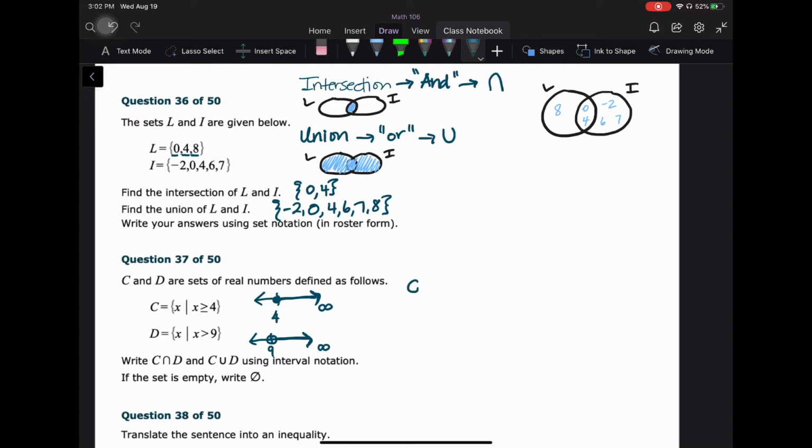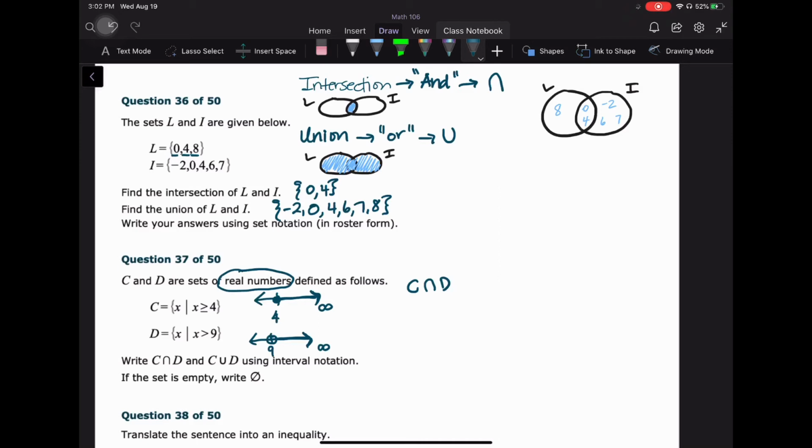When they're asking us for C and D, they want to know what are the things that are in both C and D. And I did not pay attention actually to the fact that these are real numbers. So in class today, when I was talking to some of you about what our answers should be, I was considering them to be integers, so I started with 10. I actually would correct myself and write something different.